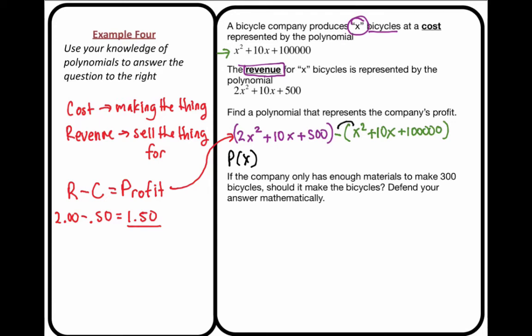So I know that I'm going to do the distributive property and collect like terms, and I'm going to continue the work down here because I'm a little bit out of room. Because I want the profit with respect to x, I would have 2x squared plus 10x plus 500.